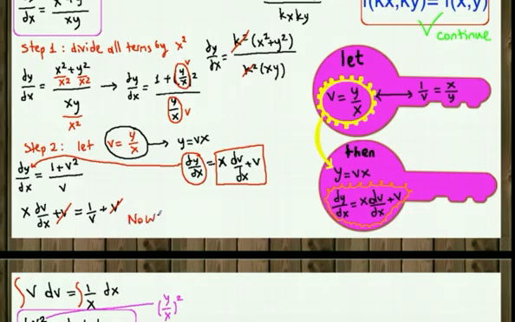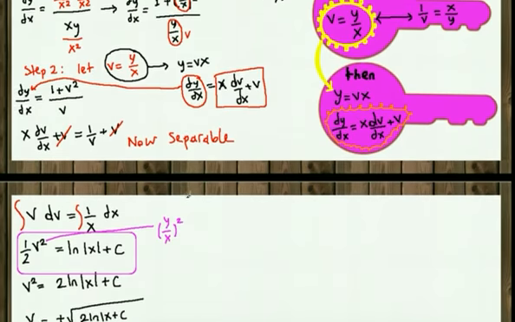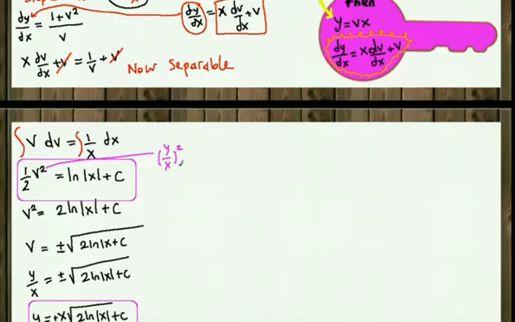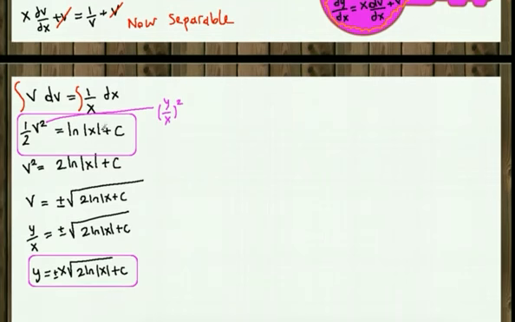So now it is separable. And then we're going to apply the separable equation form. We're going to integrate both sides, and we're going to bring the v substitution back, and then this is going to be our implicit form, and this is going to be our explicit form that we solve for y completely.